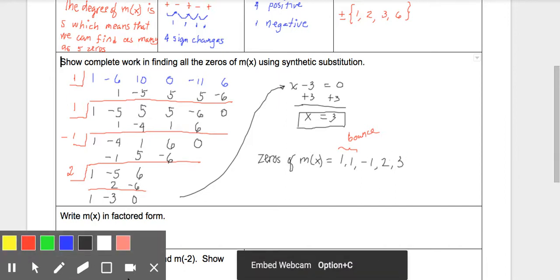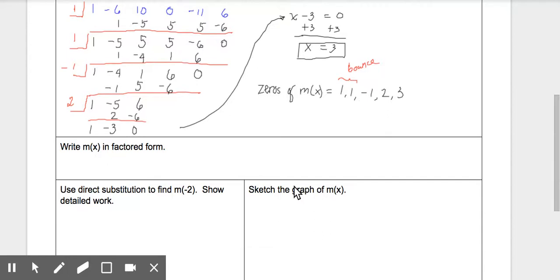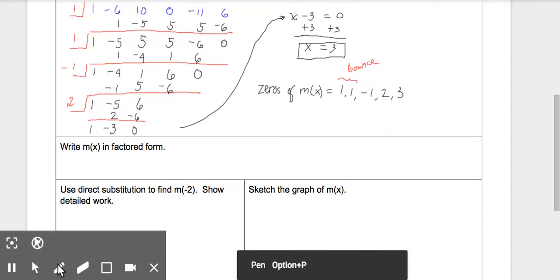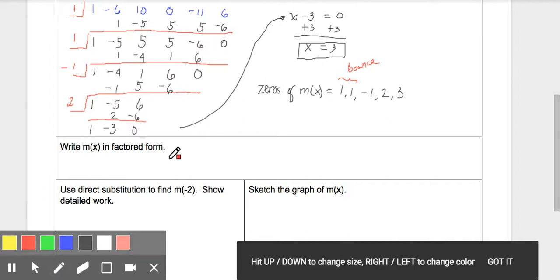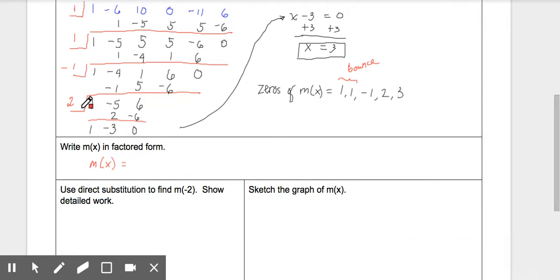Okay, so now we are going to write m of x in factored form. So m of x is equal to, okay, since 1 is a 0, then x minus 1 is a factor.